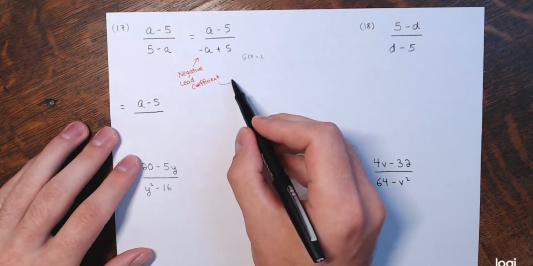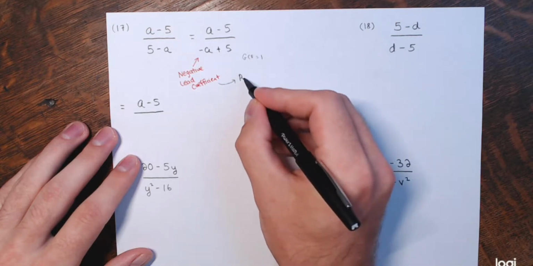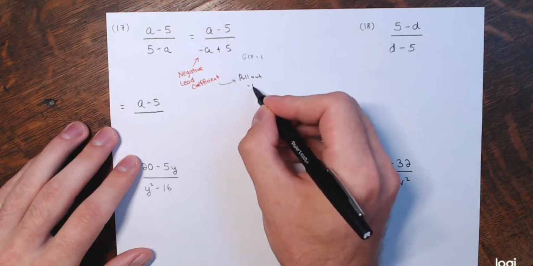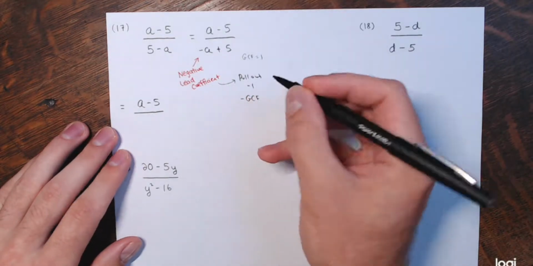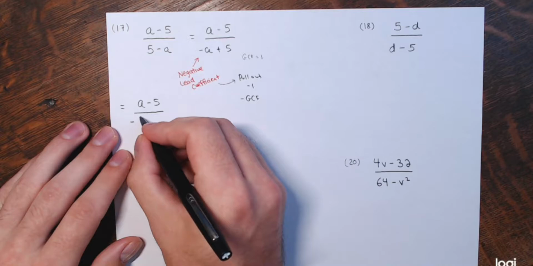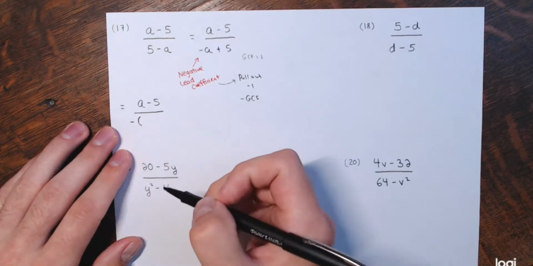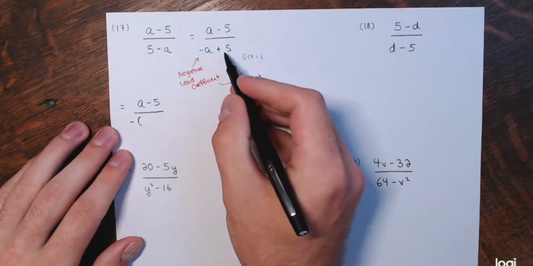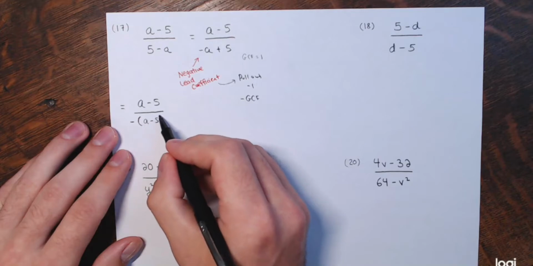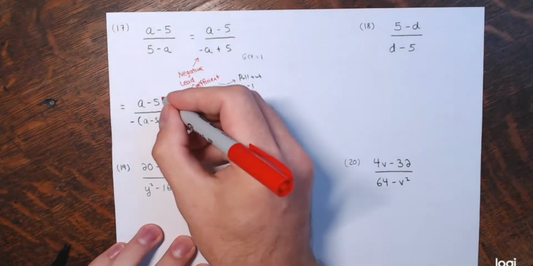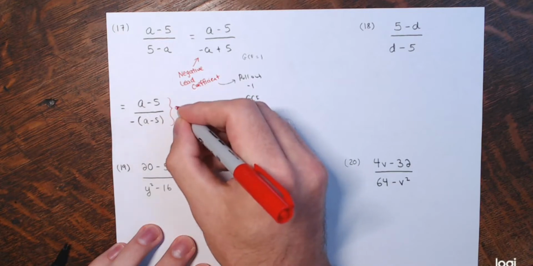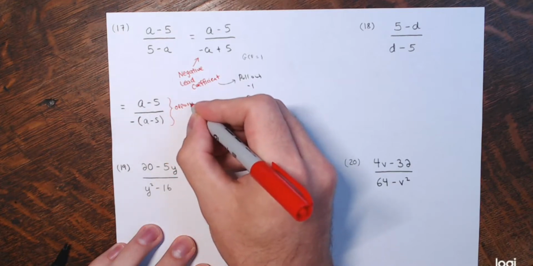But because the lead coefficient is negative, I'm going to pull out or factor out negative 1, right? The opposite of the GCF. So if I do that, we have negative 1 pulled out, or just a minus sign. And then if I pull that out, there'll be a minus 5 left over. And very clearly now you can see that the numerator and denominator are opposites.